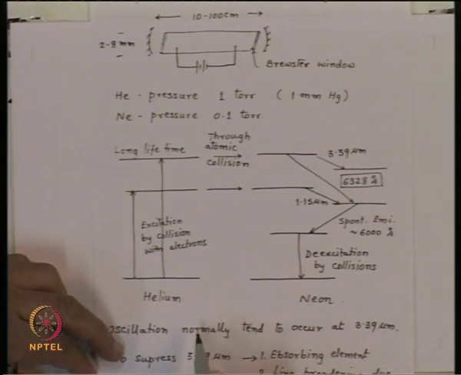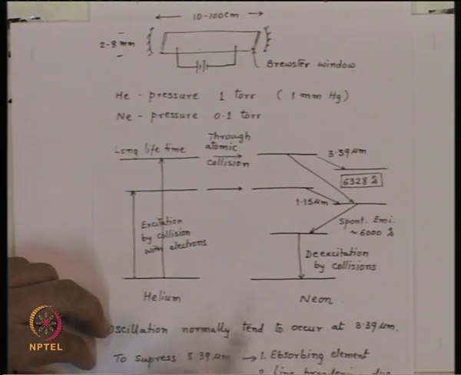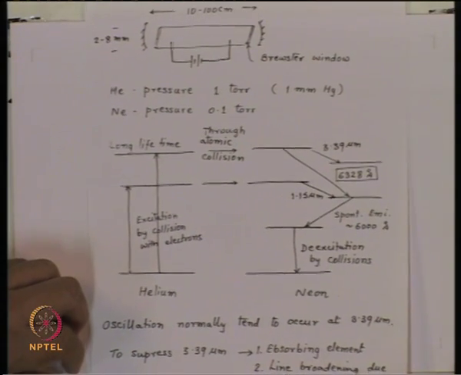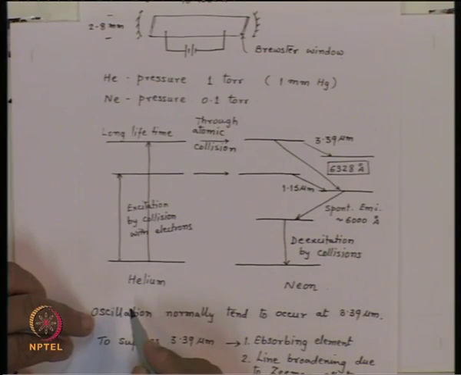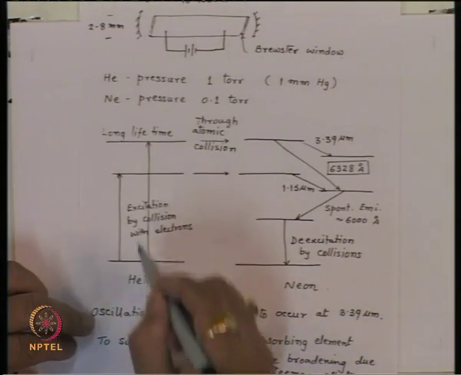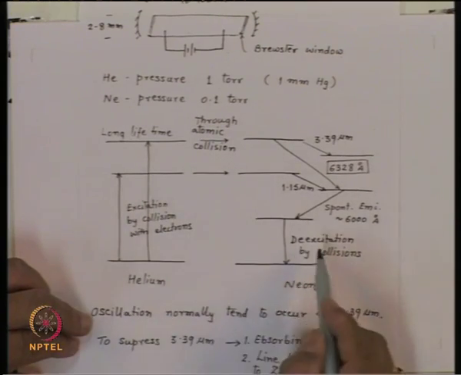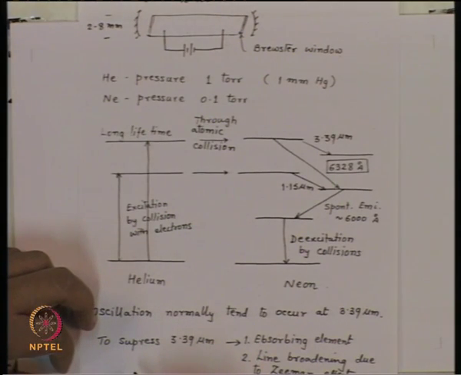In that process essentially the neon atoms are excited to the higher energy level. So, the population inversion process in this case is two step. First you have excitation of the helium atoms, and then by collision of the helium atoms with the neon you get excitation of the neon atoms.